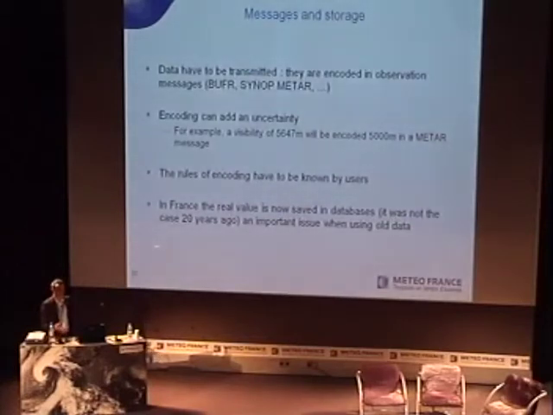are made on really raw approximation. So, for example, a visibility of 5,600 meters will be coded only 5,000 meters, because you always want to give the pilot worse information than the real one.